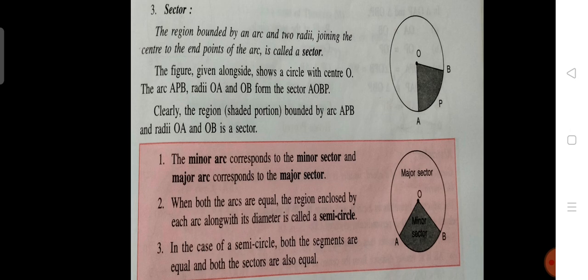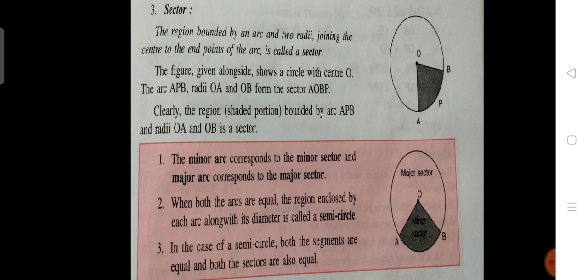There are also a major sector and a minor sector. The minor sector is the shaded portion and the unshaded portion is the major sector. The minor arc corresponds to the minor sector and the major arc corresponds to the major sector.